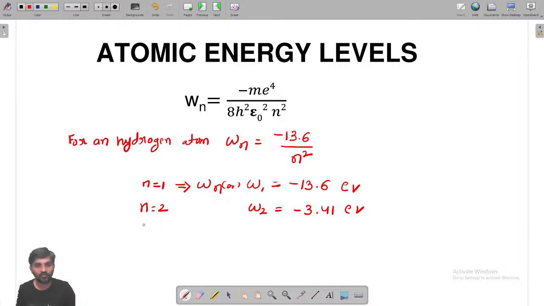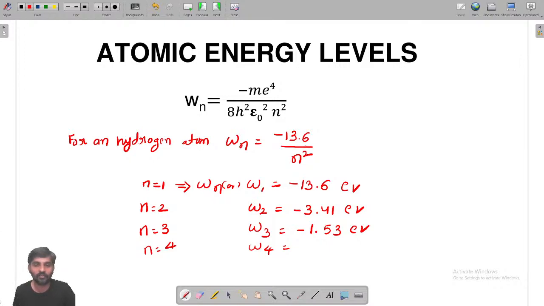Right? Now, when n is equal to 3, what is W3? That is minus 13.6 by 3 square, 9. What you will get, sir? Minus 1.53 electron volts. If n is equal to 4, what you will get, sir? W4, that is minus 13.6 by 16.